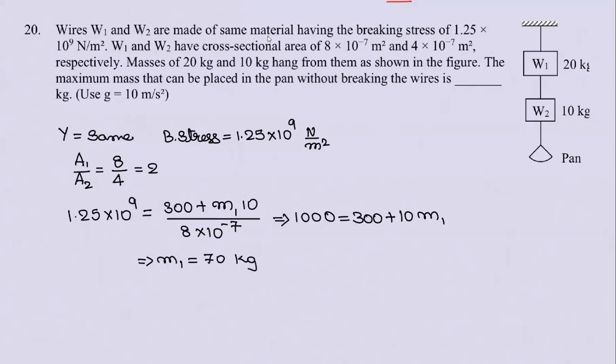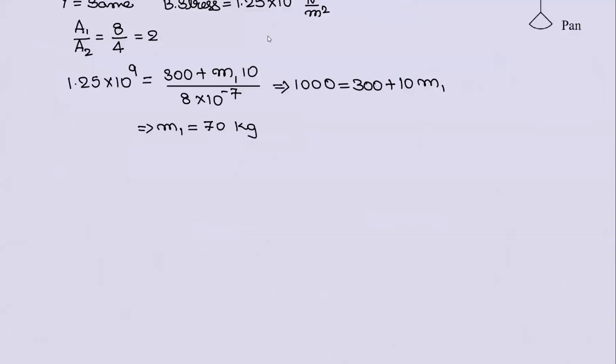This is one possible answer. But wait a minute, before it reaches 70, it may break, right? So we have to go for the second one also. This is the first one.